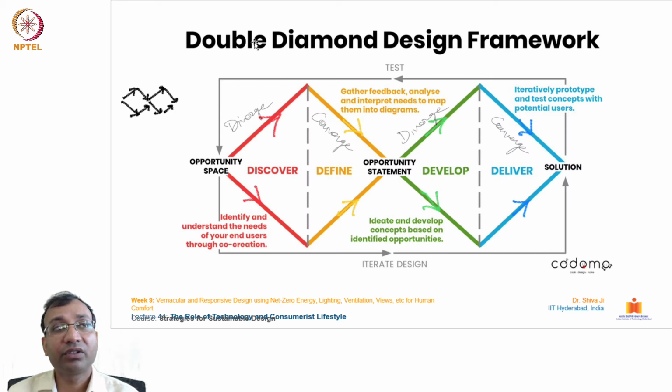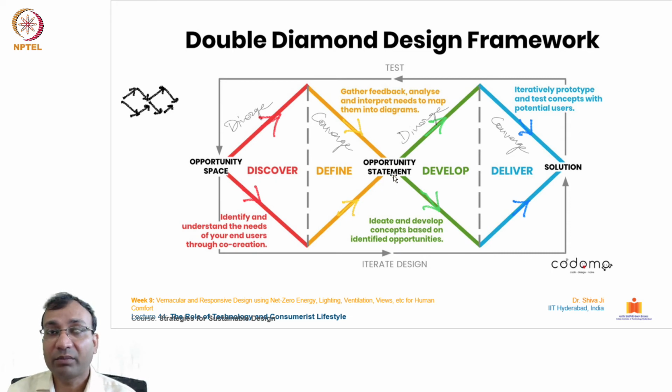Well, there is another framework, the double diamond design framework, one of the most used design processes and methods. Here you first identify the opportunity area or the problem statement, and then start discovering about it. You diverge, try understanding, and gather the knowledge around it. Then you start refining it again and converging, and you come up with one very clearly defined problem statement.